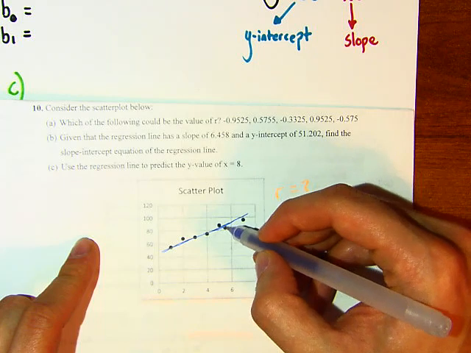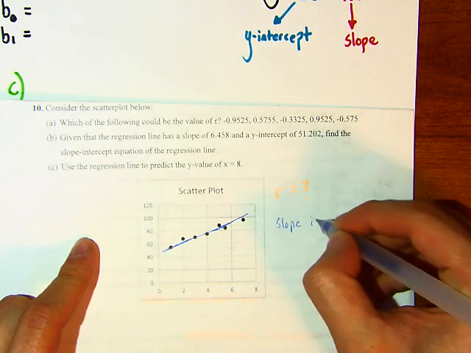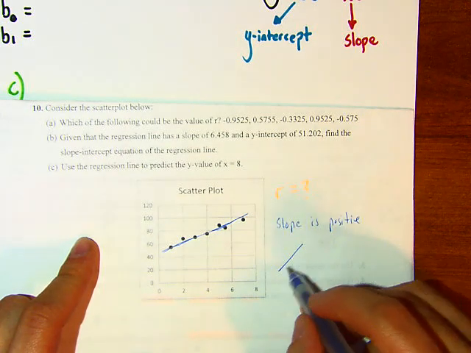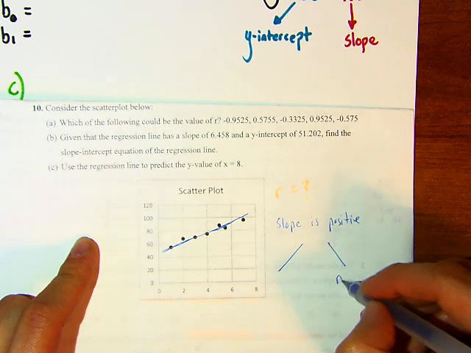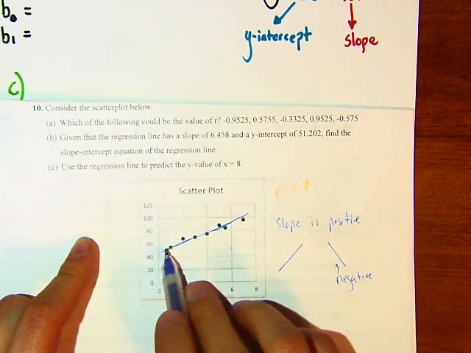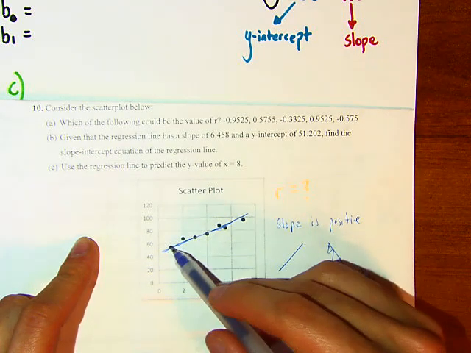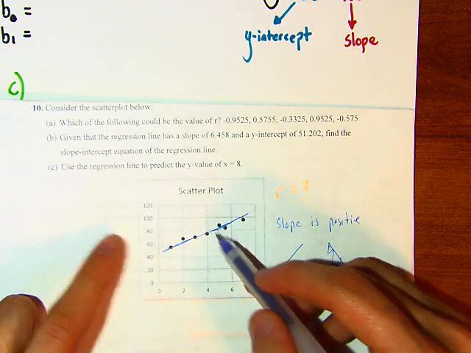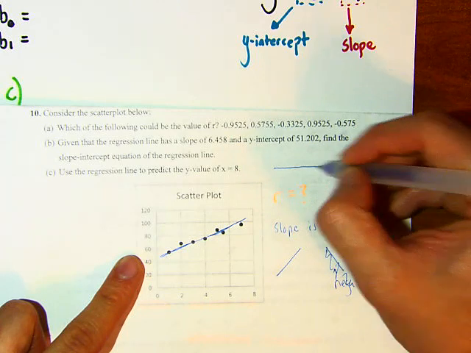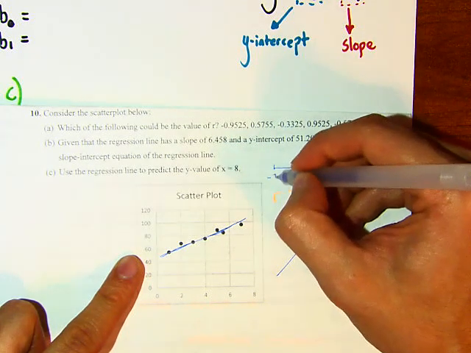Number one, the slope is positive, right? Because if I have a line like this, my line is positive. If I have a line like this, the line is negative. So here notice that our line is positive because it's increasing from left to right. And how close are the data values? The data values are very close. When we talk about the strength of R, we always have this range of between 1 and -1.